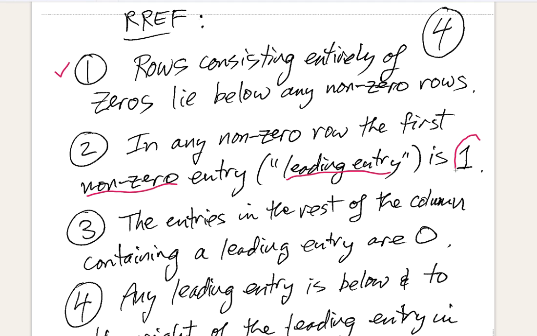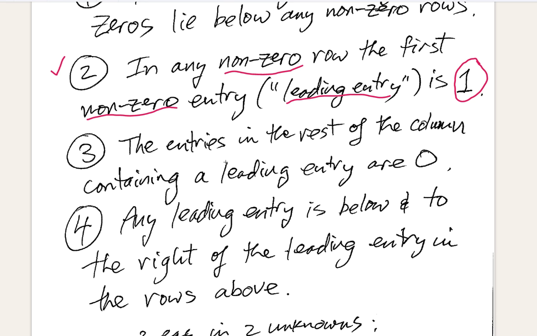That's really good if it's a 1. It's the best way to look at it. So the leading entry in any non-zero row better be a 1. That shouldn't be too hard to understand. This is maybe a little bit harder, but we'll see examples here.